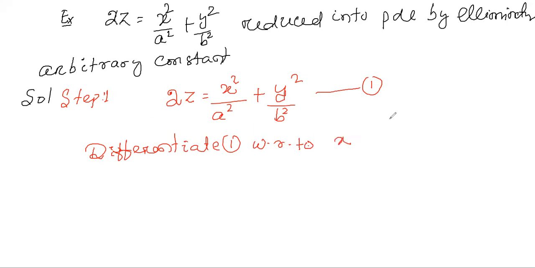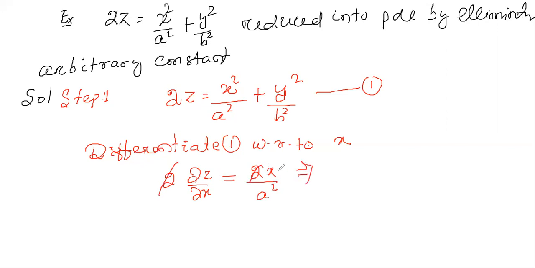So first of all, this is equation 1. We need to differentiate this one, and that becomes 2 del z by del x, which is equal to 2x by a square. And 2 is cancelled.